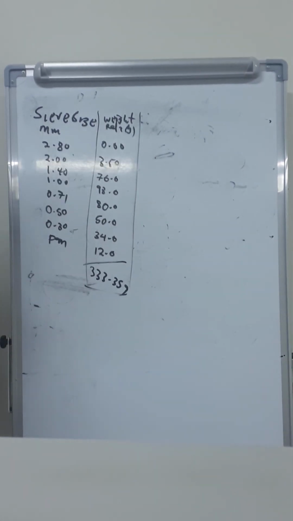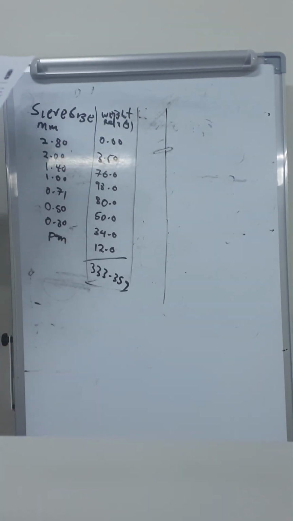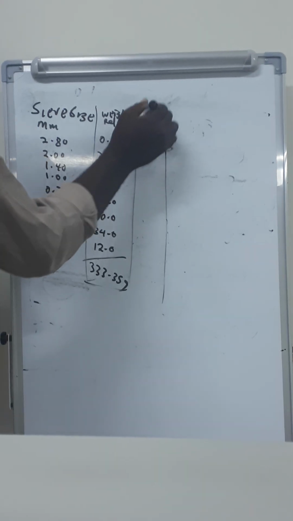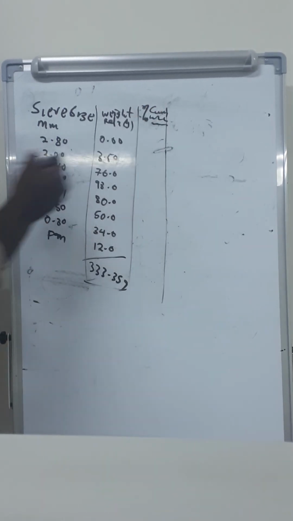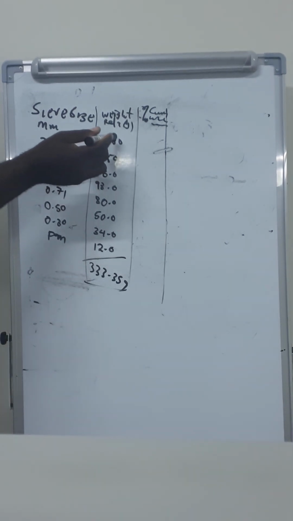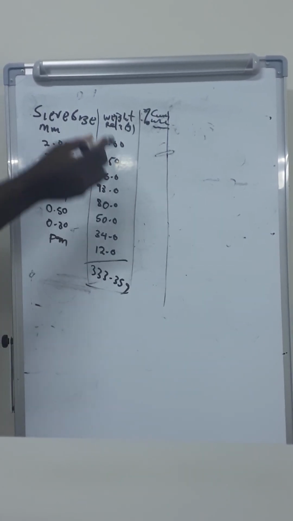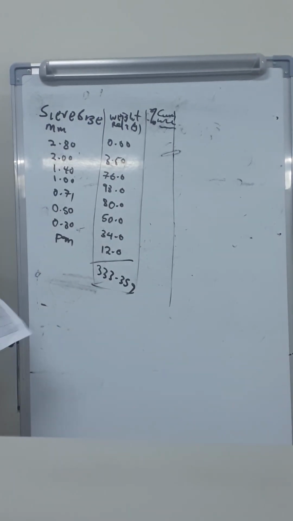To get the percentage cumulative weight retained, you divide each value by the total and multiply by 100 over 1.